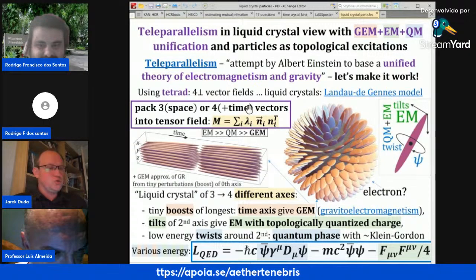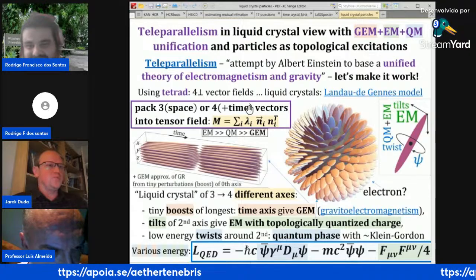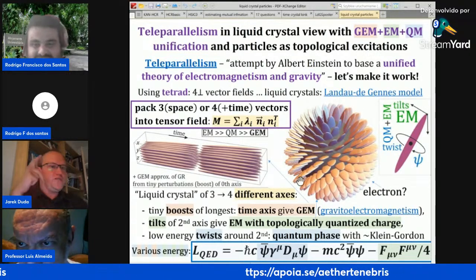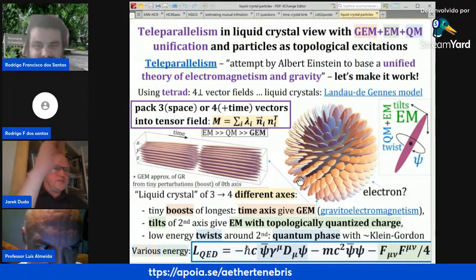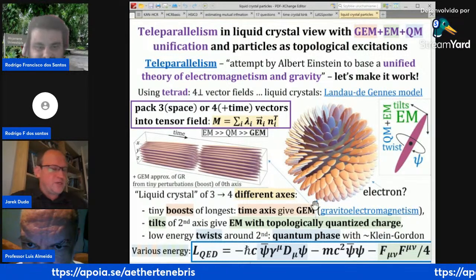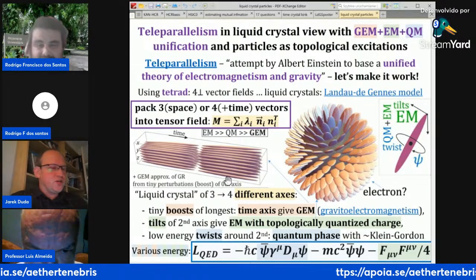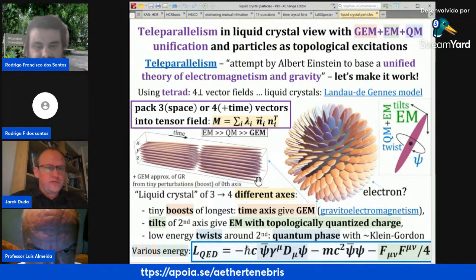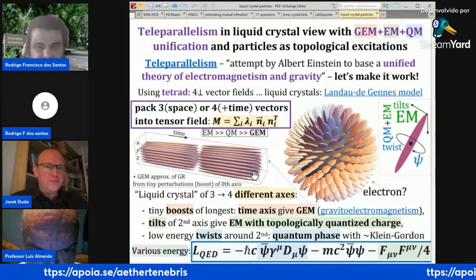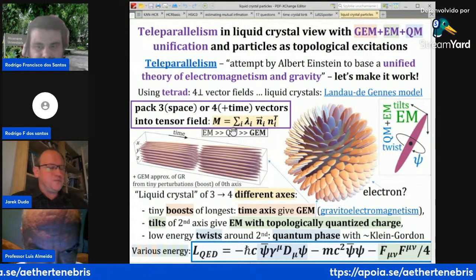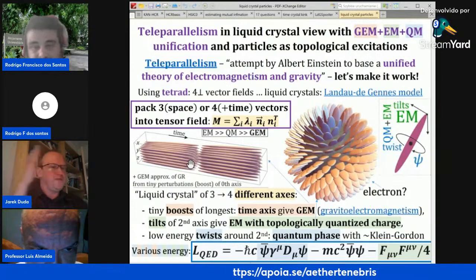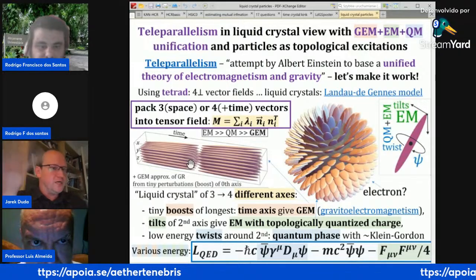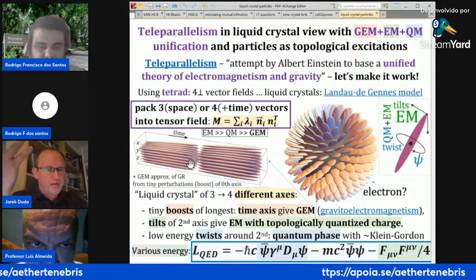I would say that it's crucial also to get the different forces. Here in 3 dimensions, we get 3 different axes: a long axis and twist. Going to 4 dimensions, space-time, we get also a zeroth axis. From the dynamics of the 4 vector fields, we get the dynamics of the tiny boosts of the time axis, and they correspond to gravity, electromagnetism, the second Maxwell equations for gravity.